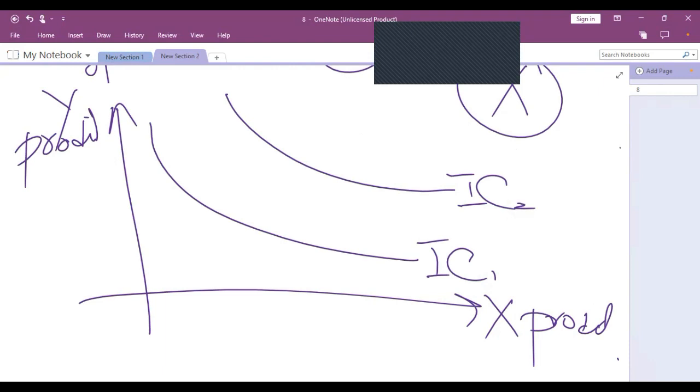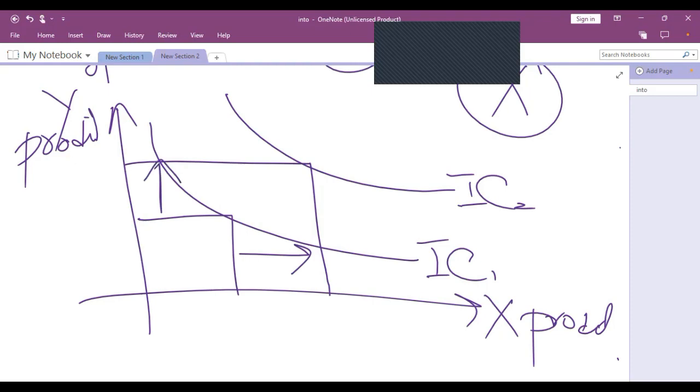So the higher indifference curve shows a higher level of satisfaction because the number of units of X also increases as well as units of Y. The more units a consumer consumes, the level of satisfaction increases. That is why the level of satisfaction at IC1 is lower as compared to IC2.